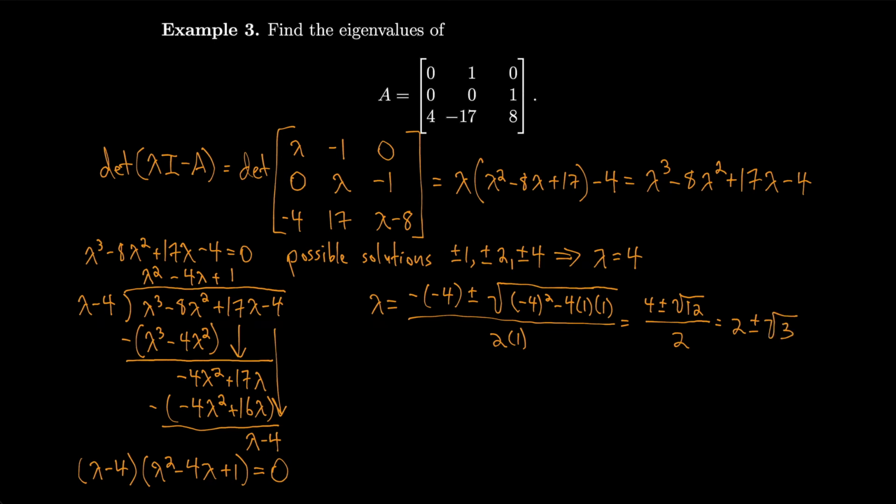Okay, so those are my other two solutions. I've got altogether lambda equals 4 is an eigenvalue, lambda equals 2 plus root 3 is another eigenvalue, and lambda equals 2 minus root 3 is the last eigenvalue.